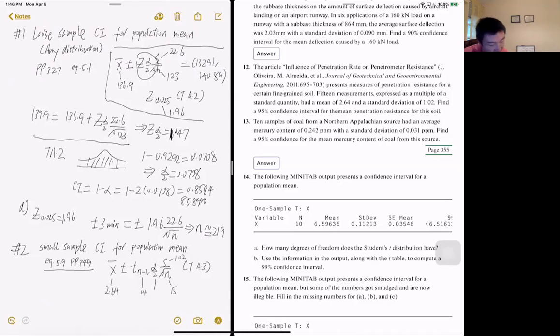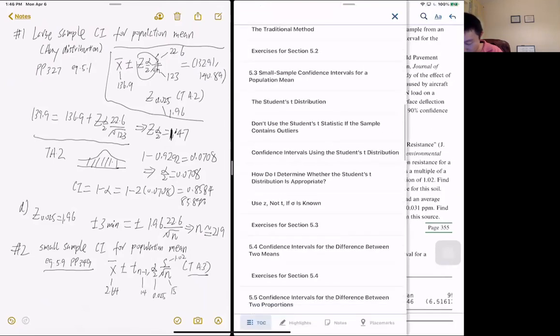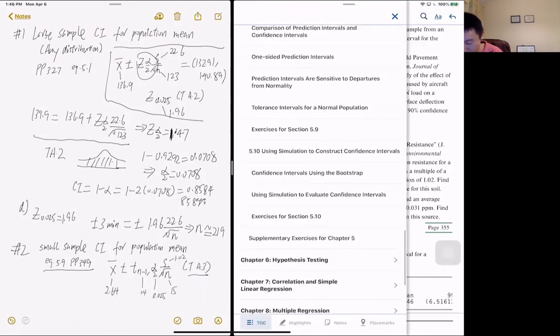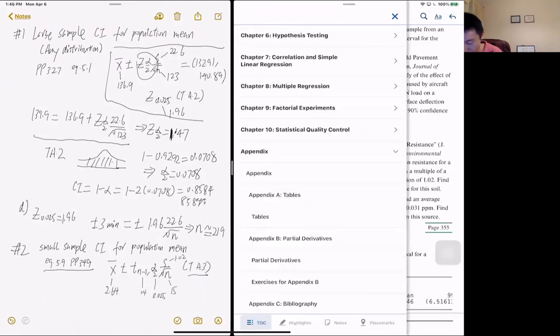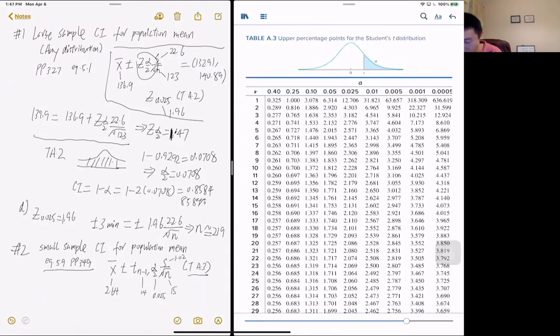So half alpha, because this is a 95% confidence interval, is 0.025. We use, again, table 8.3 to find this value. So let's do that together. 14, 0.025. Let me find table 8.3 first. The degree of freedom is 14. 14 is here, right?